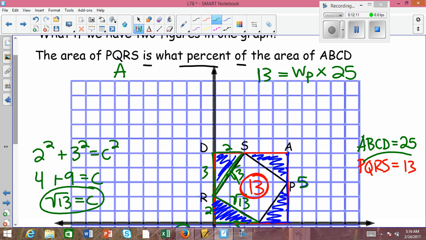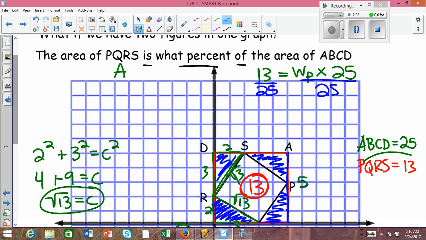So when we go through this, what are we going to be doing? How do we cancel out multiplication? That's right, with division. So let's check it out. Let's divide them, and divide both sides by 25.